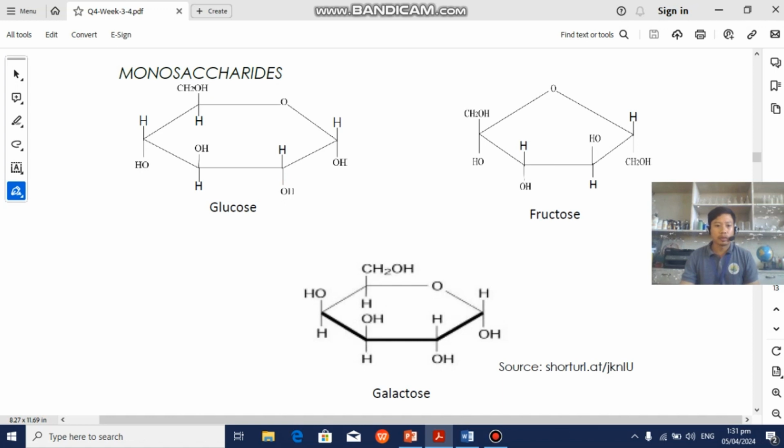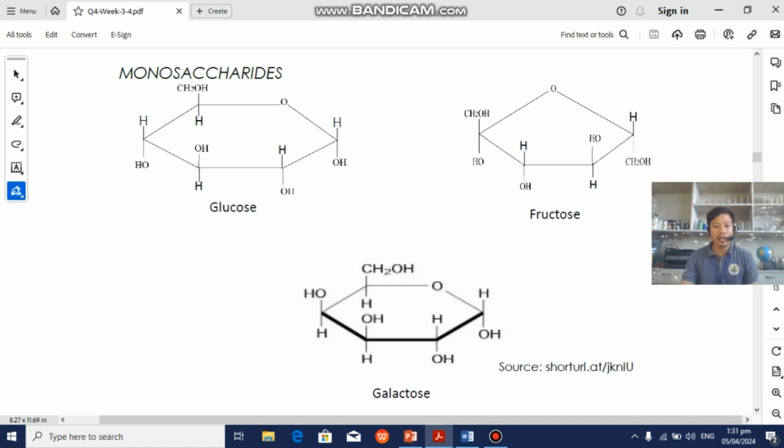How about the difference between glucose and galactose? Did you spot the difference between glucose and galactose? Yes. As you notice, on the fourth carbon, in glucose, the hydrogen is bonded on top, while the OH or HO, that is the hydroxyl group, is bonded below.